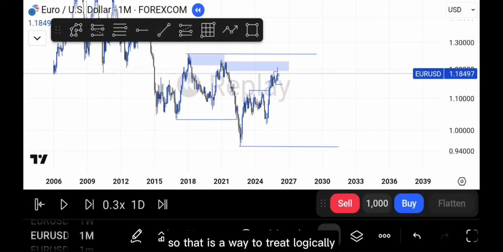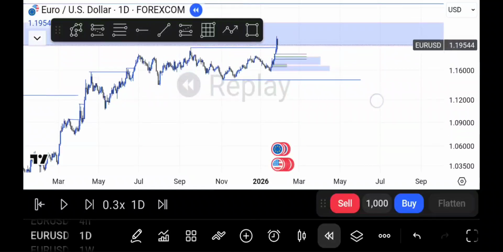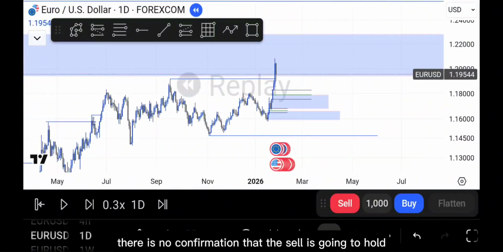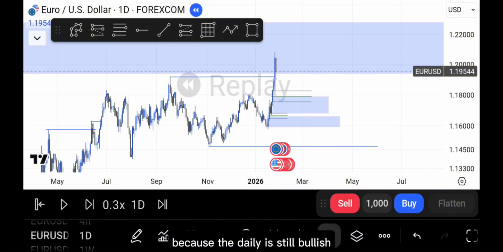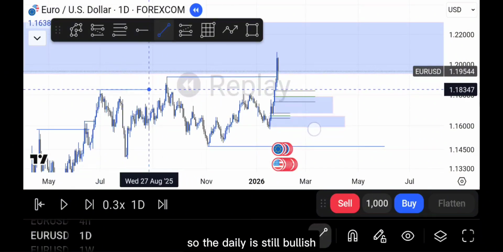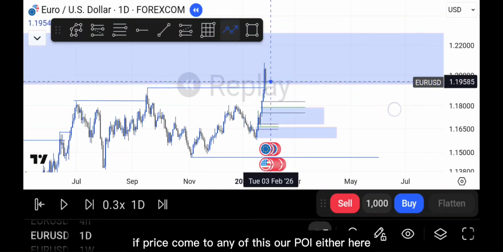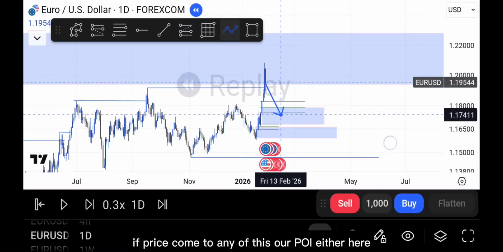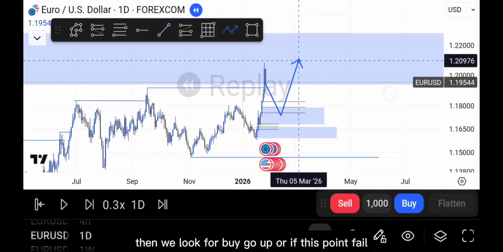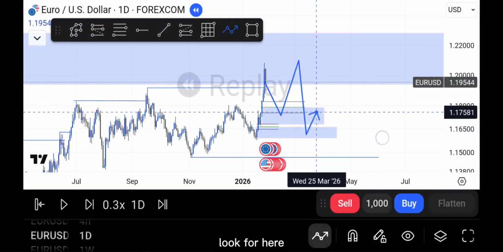So that is the way to trade logically. But right now, there is no confirmation that the sell is going to hold, because the daily is still bullish. We've been buying all this time. So at this point, if price comes to any of these RPOIs, either here, then we look for buys and go up, or if this point fails, we look at here.